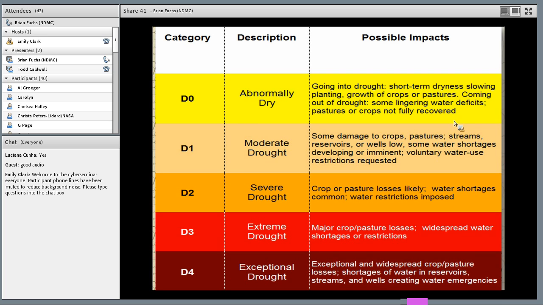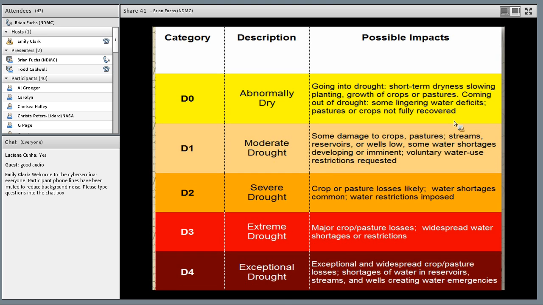And what we've come to realize, that drought does mean different things to different parts of the country, and not all these impacts are going to mean the same thing depending on where you're at, or the time of the year, or even crucial periods that are associated with agriculture or cattle production.